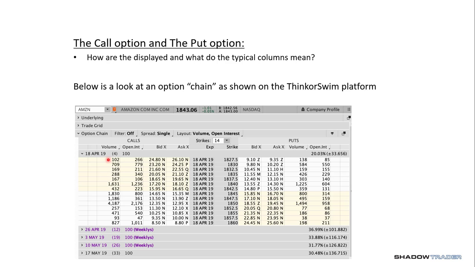Remember, a transaction is a buyer and a seller that come together and produce a number. The open interest is how many contracts of a specific underlying at a specific expiration and strike are still open and available to be exercised or assigned.